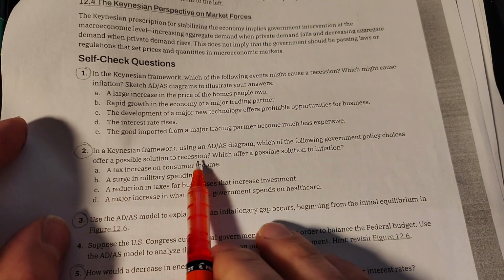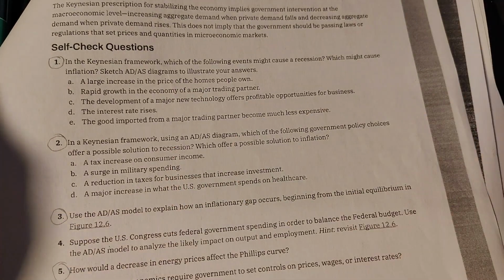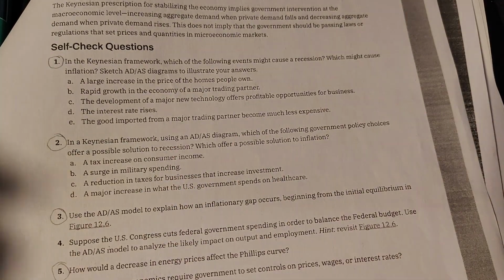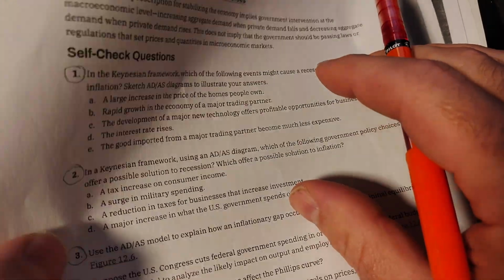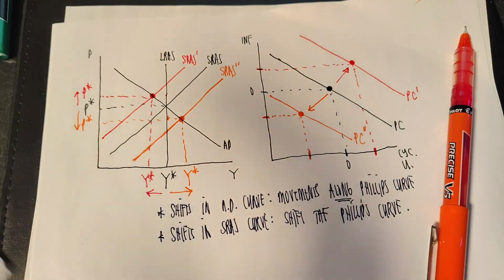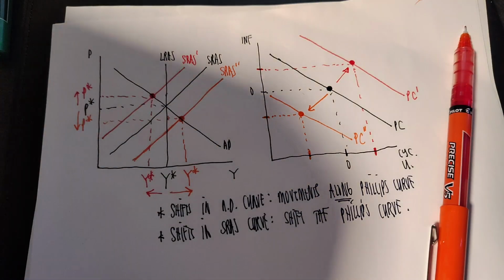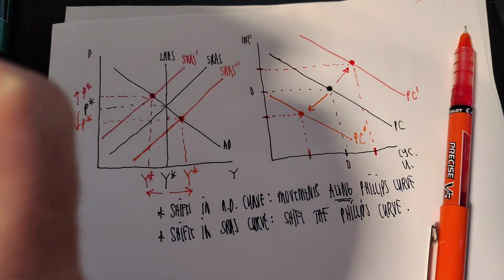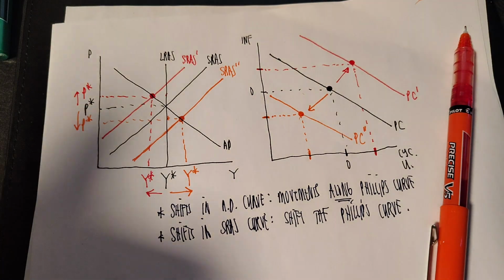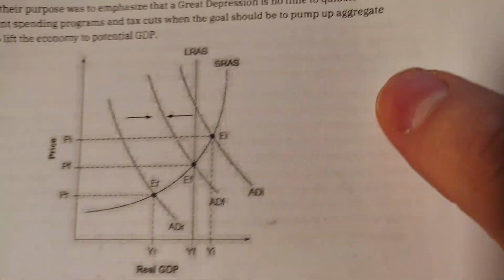So if we have a recession, again, we're going to want to stimulate the economy, okay? Because by definition, a recession would be a point much like this figure here in your textbook on page 313.